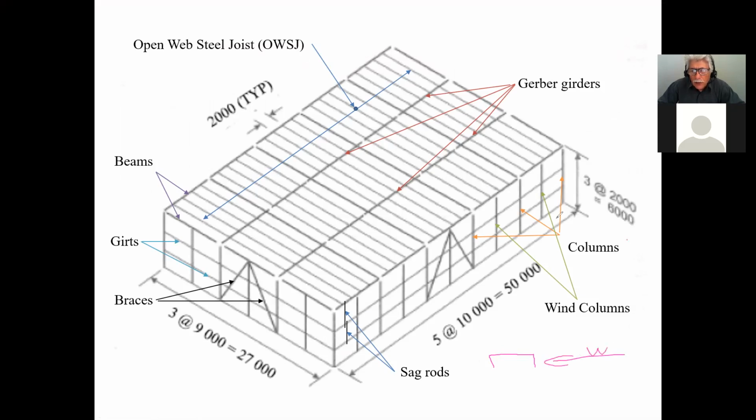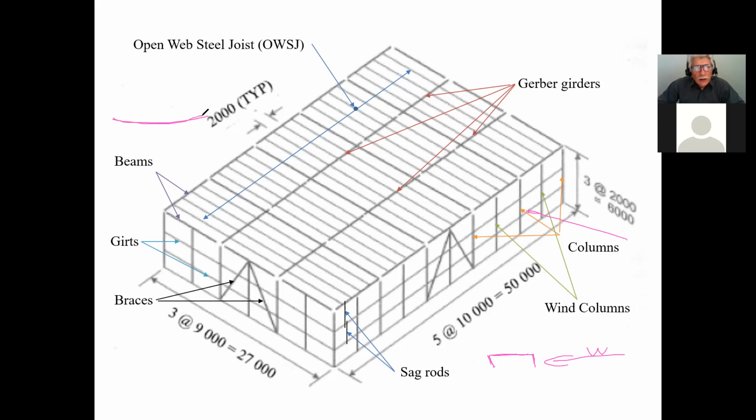So the wind is blowing this way, and the strong axis is where the two flanges are. This is the strong axis and this is the weak axis, and these things are fairly weak along the weak axis, and when you place them, they tend to sag.